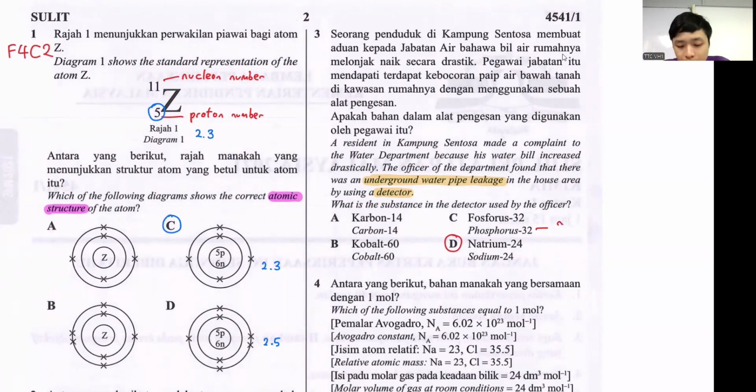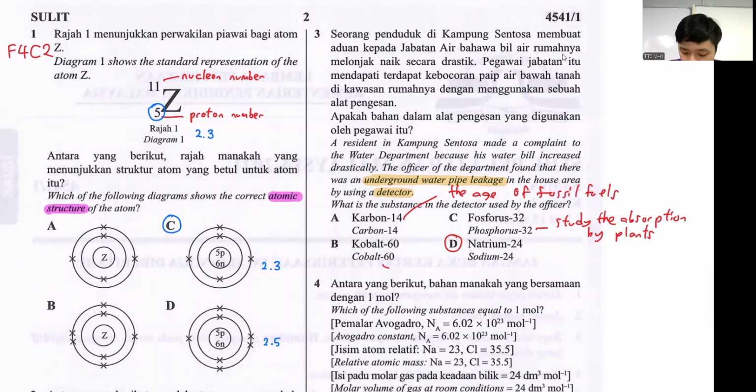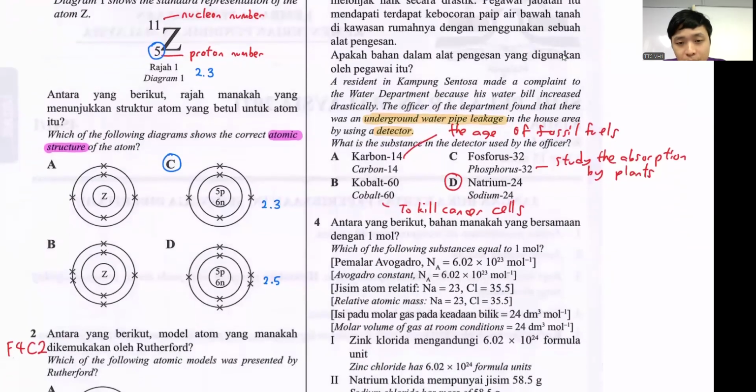Fertilizer absorption, to study the absorption by plants, uses phosphorus 32. Carbon 14 is to predict the age of fossil fuels. Cobalt 60 is to kill cancer cells. The thyroid one is iodine 131.